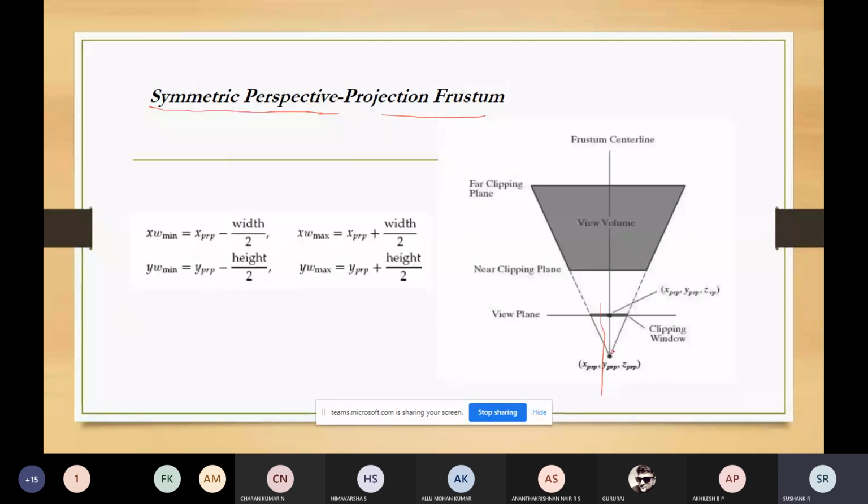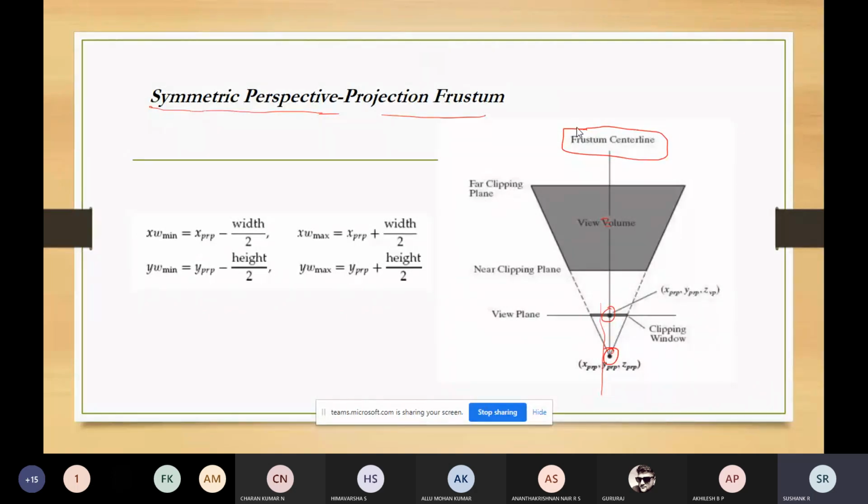This is the reference point, then through the clipping window at its center, and then through the view volume. This is the center line of this perspective projection frustum.